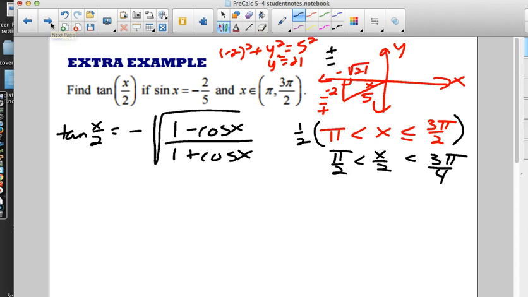Well, that's not so bad. I mean, we've got a drawing and everything up there. This can't be that awful. Let's see. Negative square root of 1 minus cosine of x. Adjacent over hypotenuse. So negative square root of 21 over 5. We're going to have to use that twice.